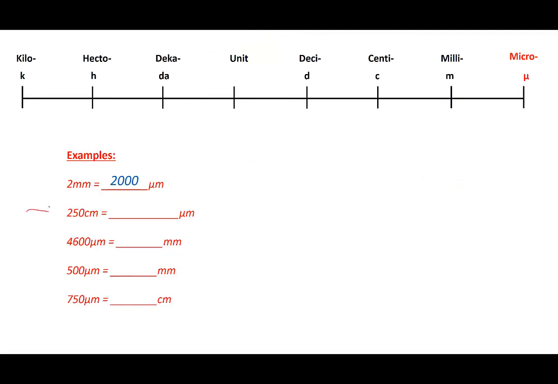All right, next, 250 centimeters. We're starting here, and we're going to go to micrometers. Well, when we're moving that first step here, we only move 1, and then you have to do your 3 jumps to the next. So the number of jumps to the right is a total of 4. So let's start by writing 250, and here's our invisible decimal point.